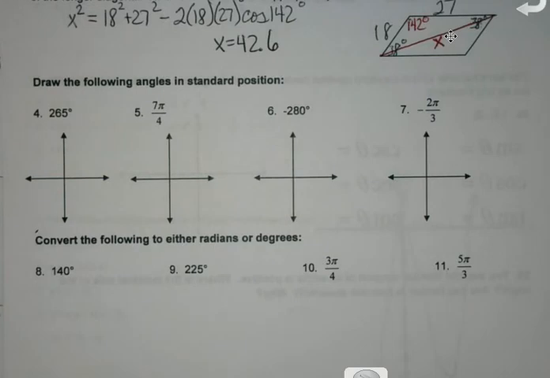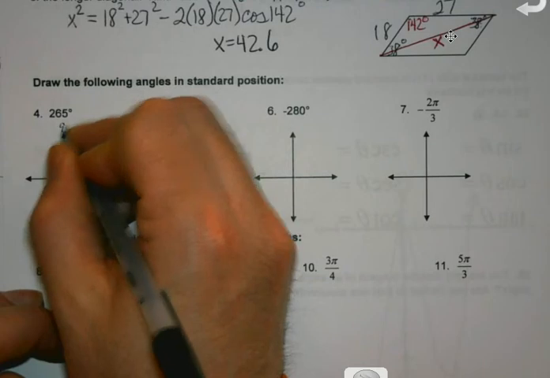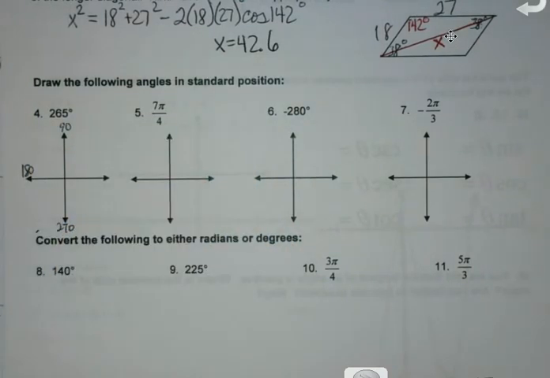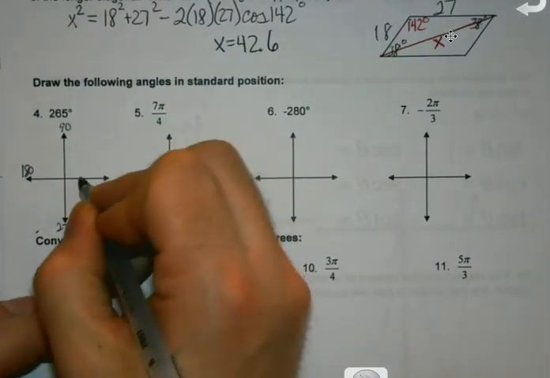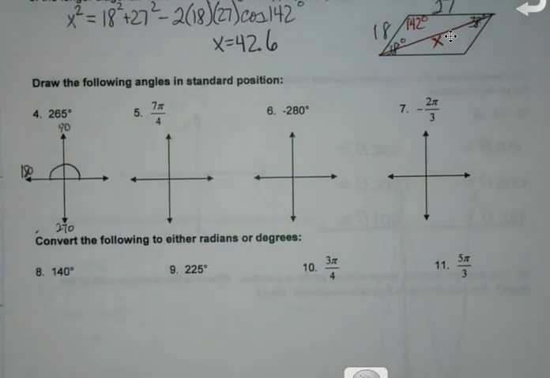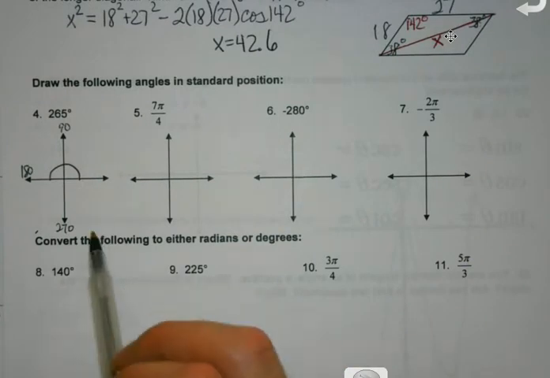Draw the following angles in standard position. Okay. 265 degrees. Let's see here. 90, 180. Okay, 270 is over here. So I know I'm going along this way because I go counterclockwise when I'm doing this. Now here, how many more degrees do I need?